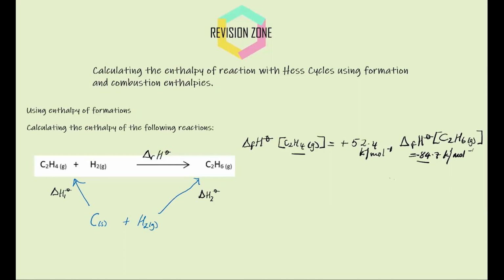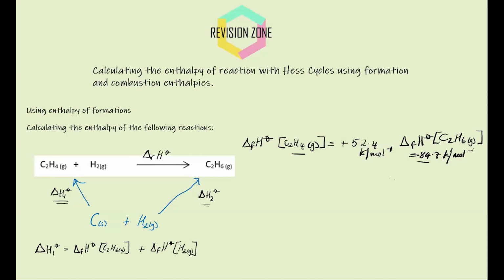What I've done for simplicity is I've written delta H1 and delta H2 rather than writing out the long format of delta H formation of ethene and delta H formation of ethane, respectively. But underneath I'll say delta H1 is equal to the enthalpy of formation of ethene, plus the enthalpy of formation of hydrogen gas.